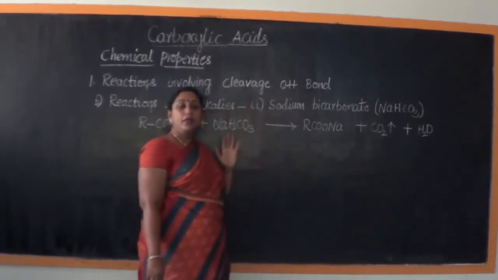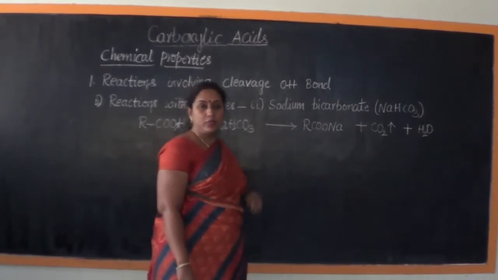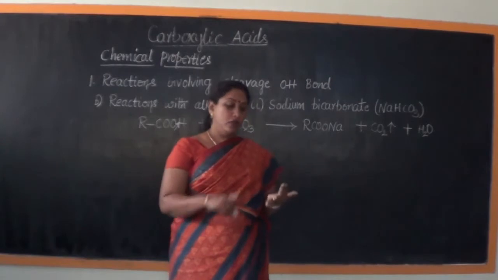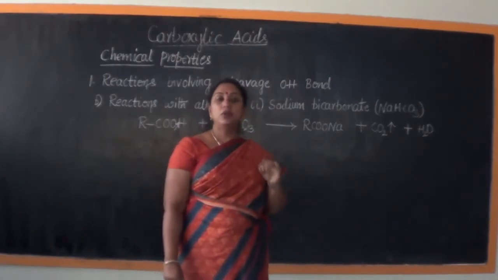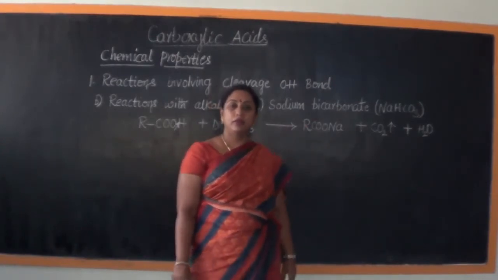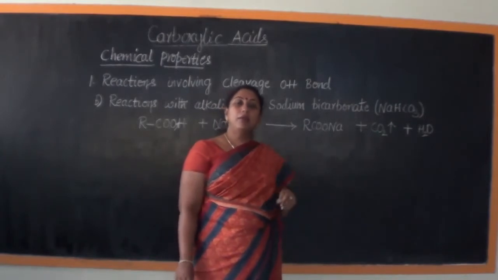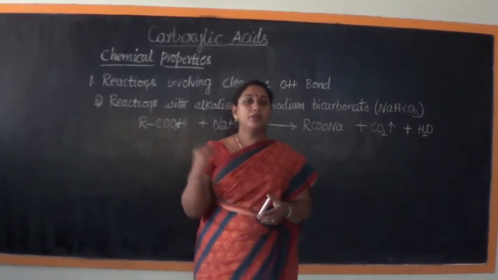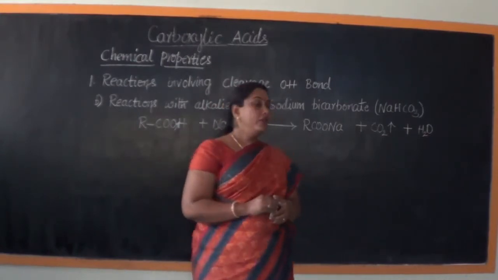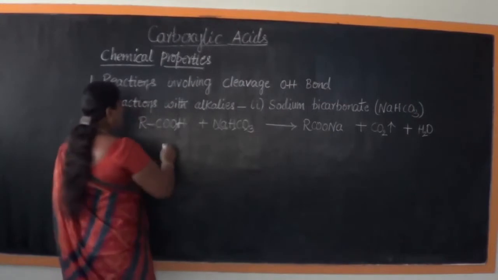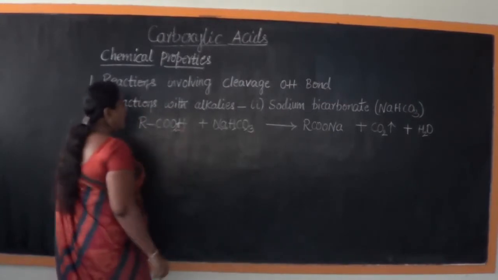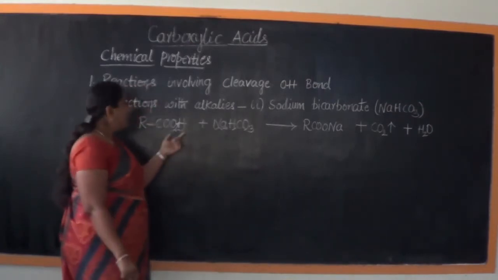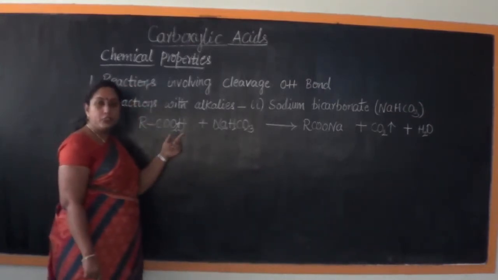This is a very important reaction for the reason neither the alcohols nor the phenols will show this particular reaction. Why always am I making a comparison with alcohols and phenols along with carboxylic acid? If you observe here, dear students, that in the carboxylic acid, as in case of phenols and alcohols, we see the presence of OH group.